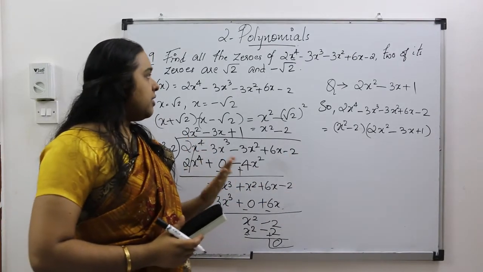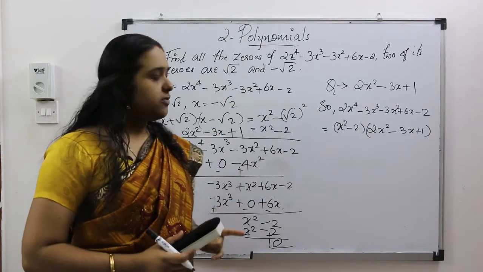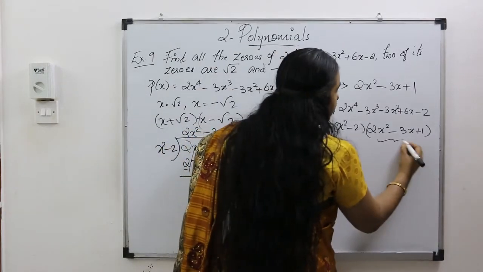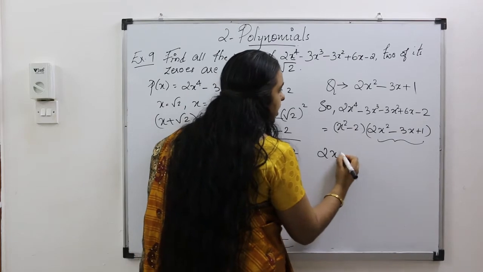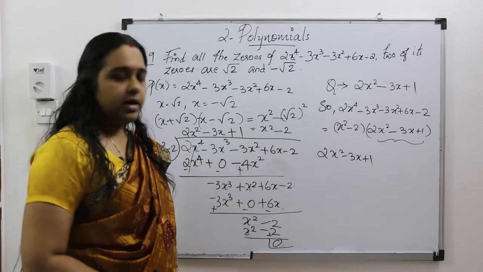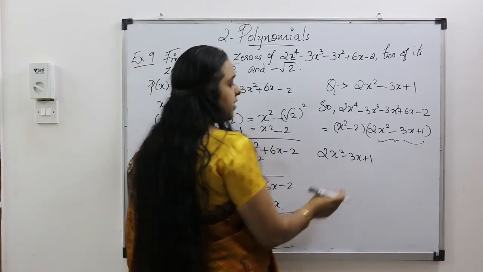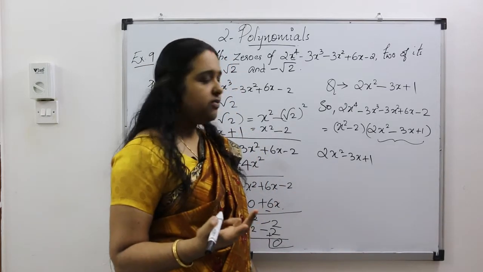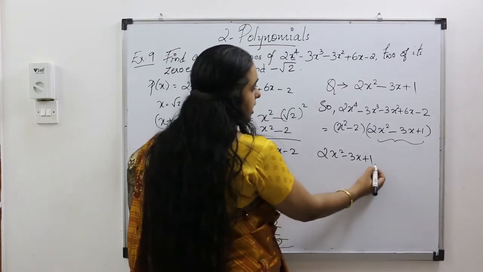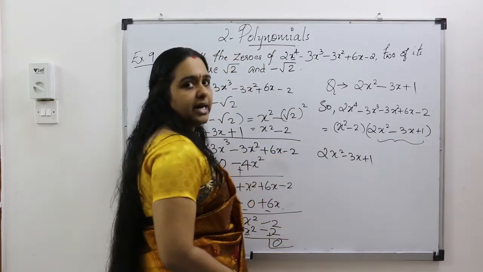Now next what we have to do? We have to find the other two zeros of the polynomial. We know that this is a quadratic polynomial, right? 2x square minus 3x plus 1 is a quadratic polynomial. Then by splitting the term we can find the two values of x. We need to get the product 2 and sum minus 3.